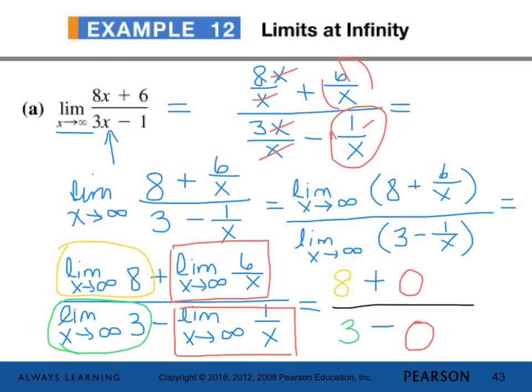So by the rules of limits, the limit as x approaches infinity of the ratio of 8x plus 6 and 3x minus 1 is equal to 8 plus 0, which is 8, over 3 minus 0, which is 3.